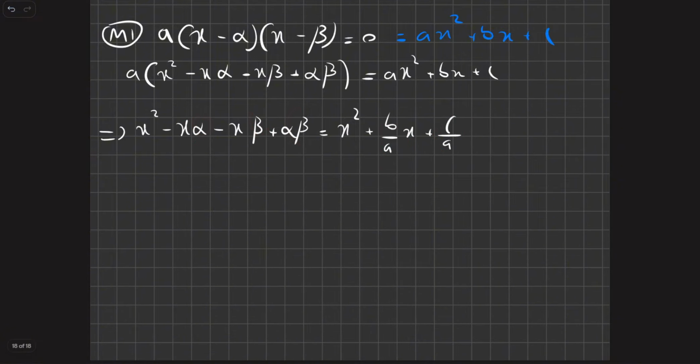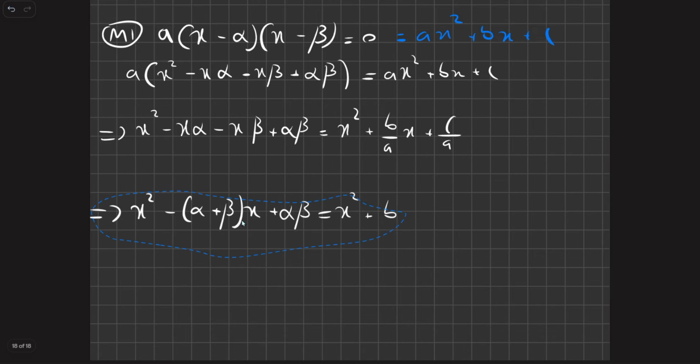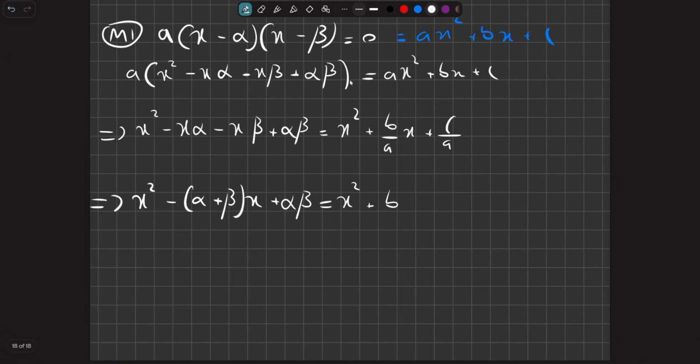Now we can then simplify this into this: x squared minus alpha plus beta times x plus alpha beta, and this equals x squared plus b over a x plus c over a. Let's move this so you can see clearer. This is one of the most important steps.